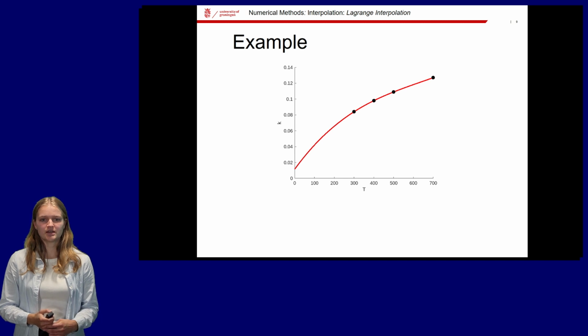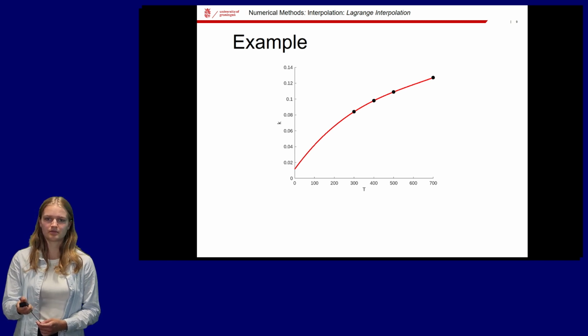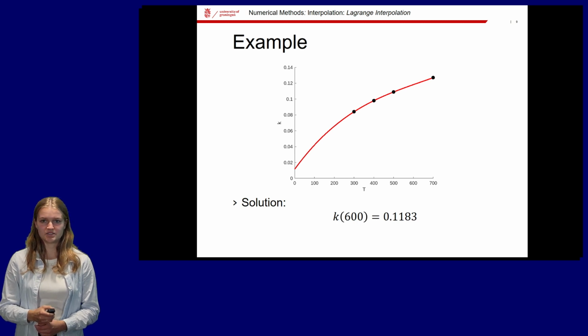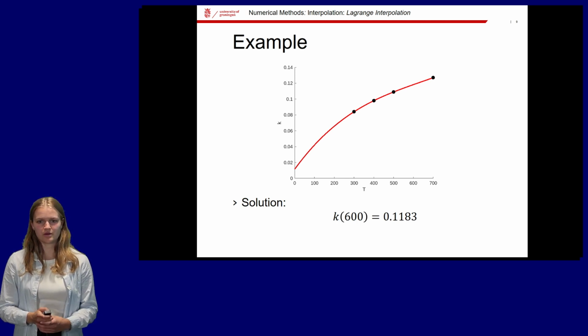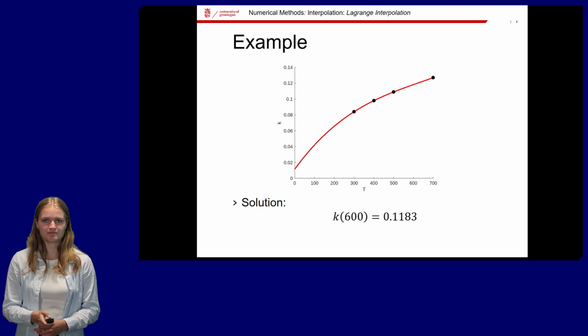Using that, we obtain this plot for the Lagrange polynomial going through the 4 data points. As you can see, it looks really similar to Newton interpolation. And using this, we obtained this solution for the thermal conductivity at 600 Kelvin. So this is also very, very similar to Newton interpolation.